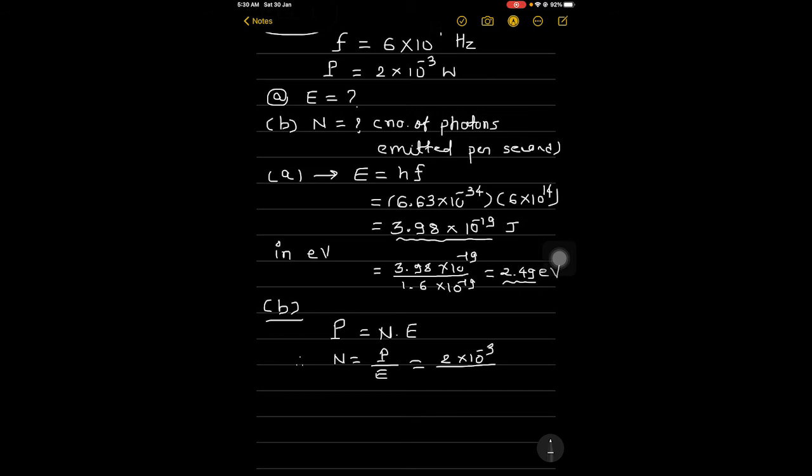the value we have found out, that is 3.98 into 10 raised to minus 19. So we can say that n is equal to 5 into 10 to the power 15 photons per second.